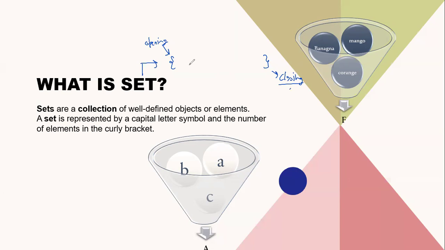Elements can be anything. For example, I consider the elements to be alphabets A, comma, B, comma, C, comma, D. It can be infinite as well as finite. It can be the names of my friends, for example, Ram, Shohan, Pinky, like this.